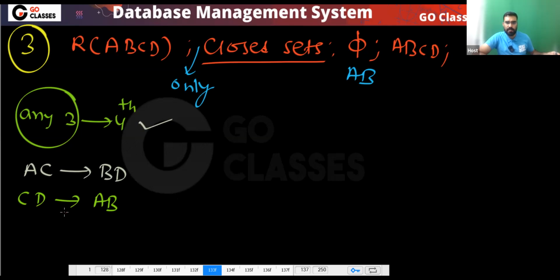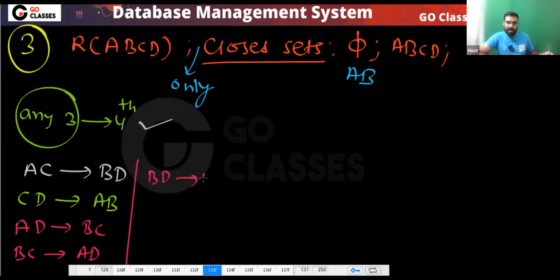Any two attributes you take except for AB will bring everything else. Correct? For example, AD will bring everything else. BC will bring everything else. BD will bring everything else. So basically, any two attributes you take other than AB, they will bring everything else.